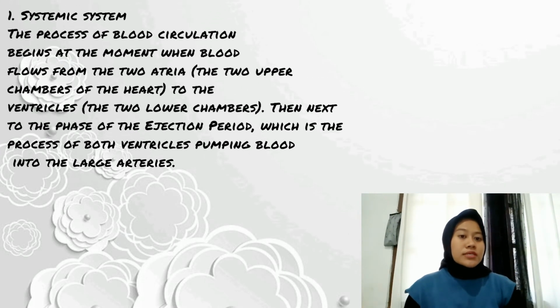Okay, the systemic system is the process of blood circulation that begins at the moment when blood flows from the two atria, or the two upper chambers of the heart, to the ventricles, or the lower chambers. Then, next is the phase of the ejection period, which is the process of both ventricles pumping blood into large arteries.